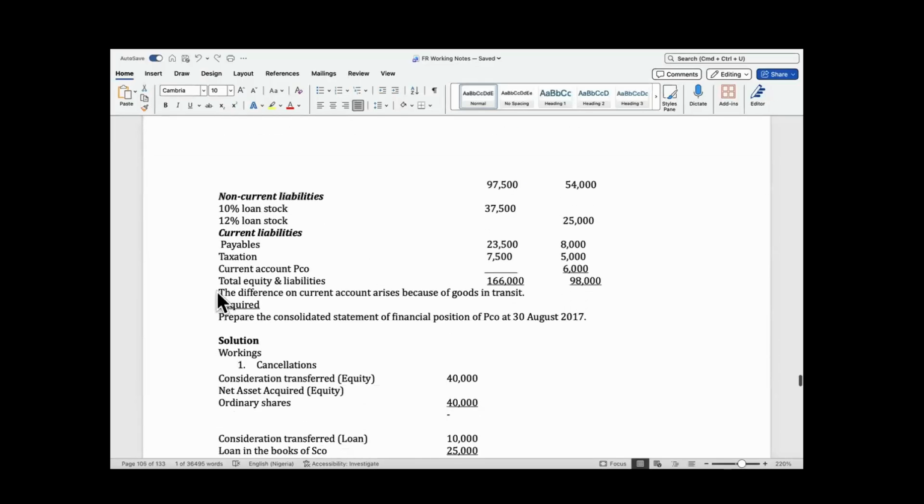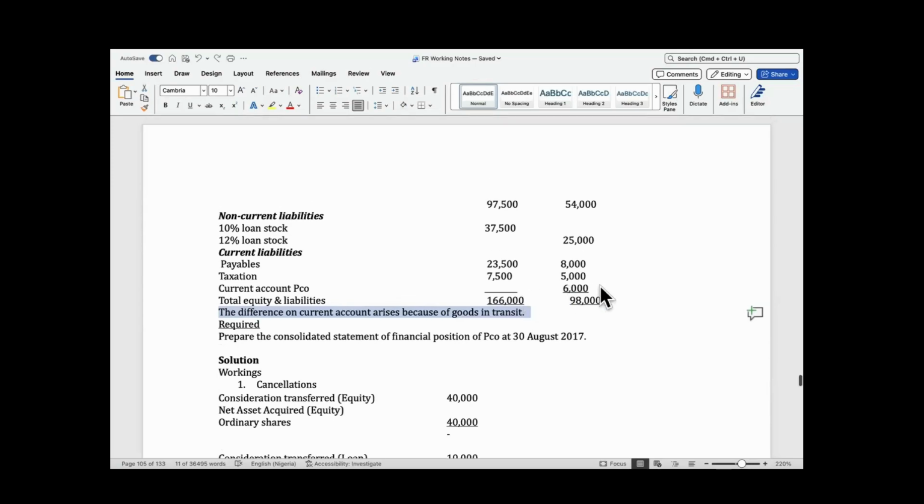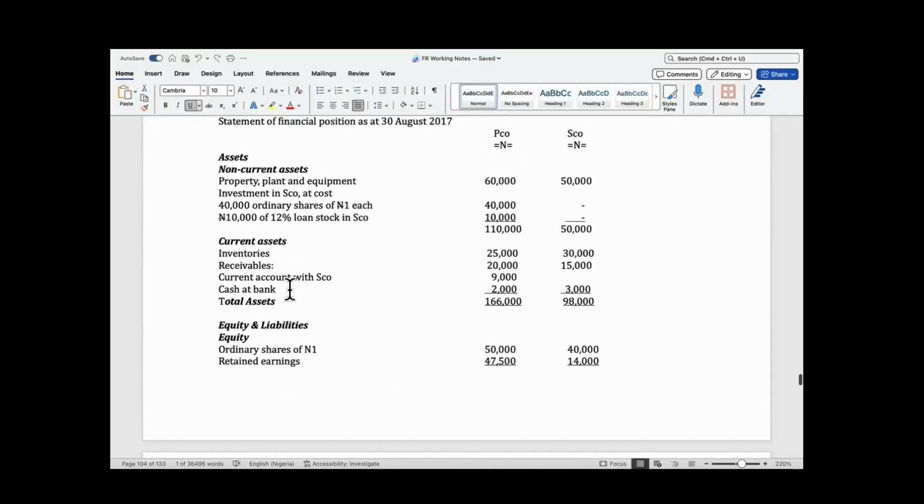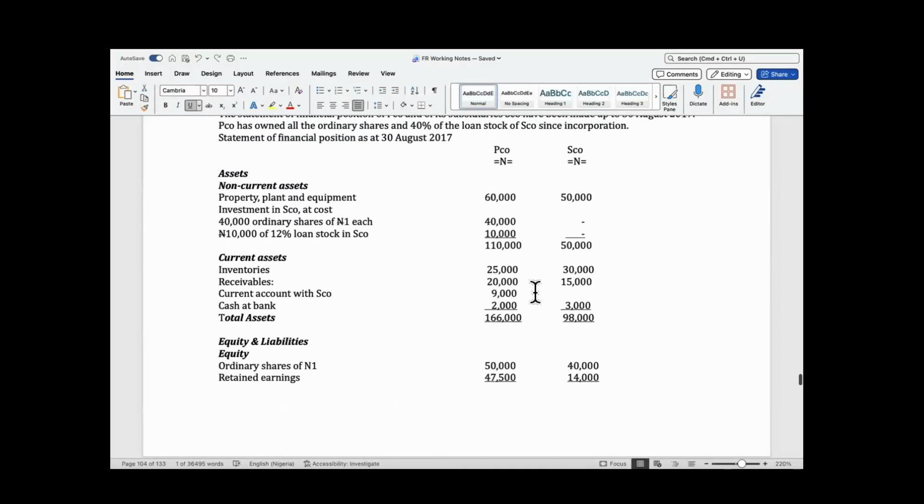And they told us that the difference on current accounts arises because of goods in transit. To explain it, ESCO having a liability of 6,000 to Pico shows that ESCO is saying, I'm owing you 6,000, Pico. But Pico has an asset of 9,000, meaning Pico is saying you are owing me 9,000.